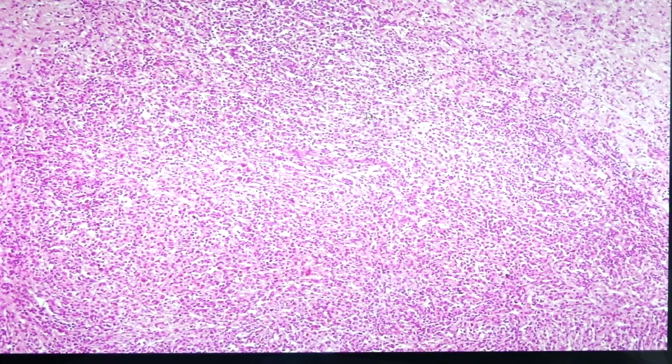So, Hodgkin's lymphoma is different from the non-Hodgkin's lymphoma in a sense that we should be able to identify the Reed-Sternberg cells to be the only neoplastic cells present in the tumor. Okay, the rest of the cells should be reactive.